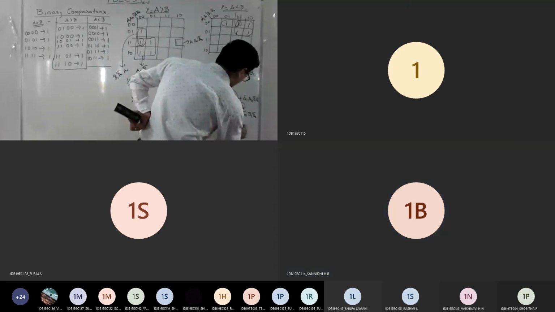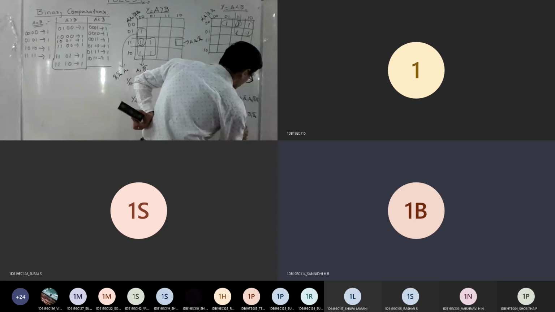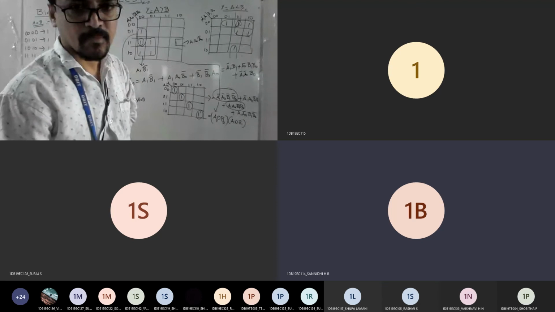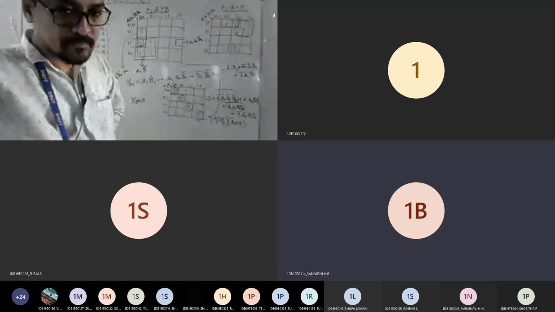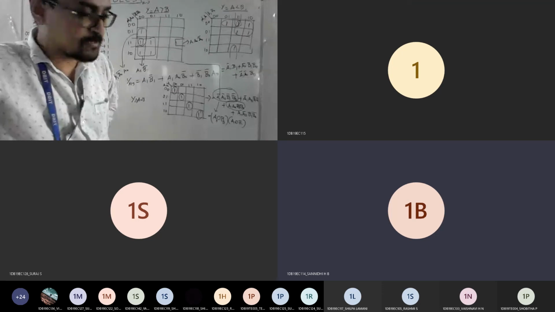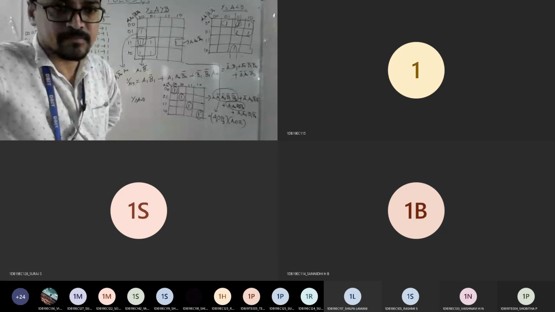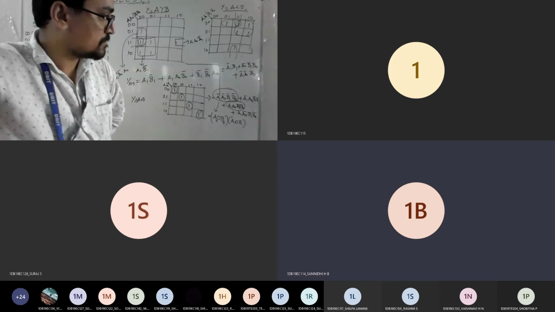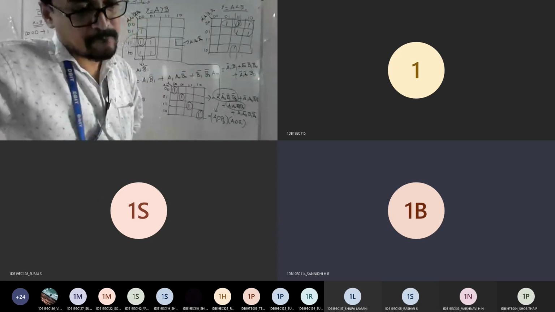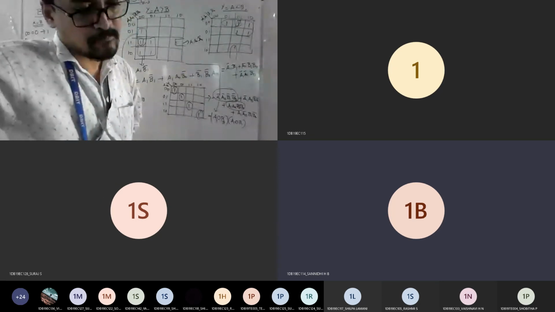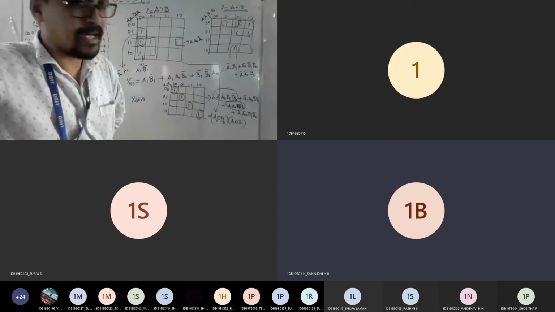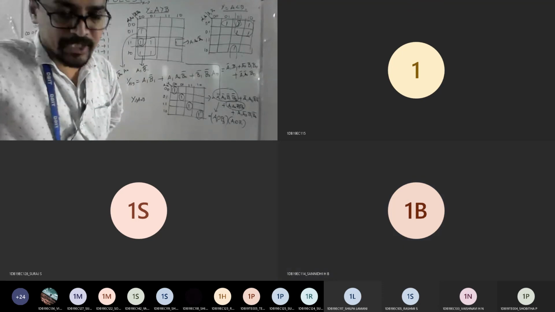Is it like this, A1? Is it correct? Tell me the simplified expression from the above equation. Everyone, simplify that and tell me the final Boolean expression.